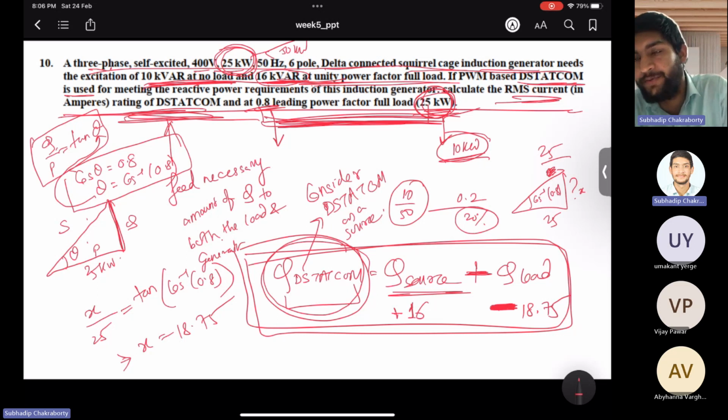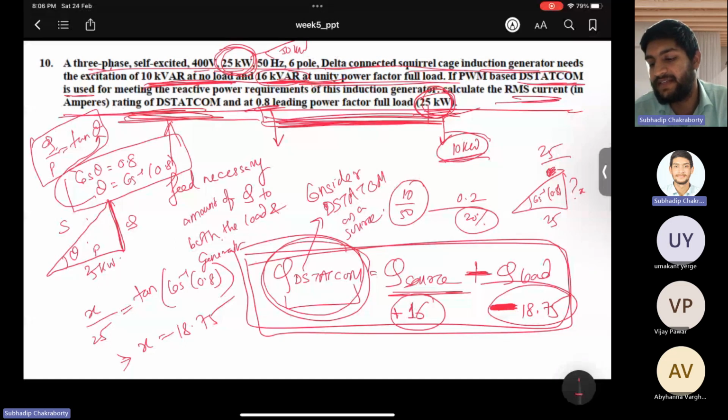So you will not get unity power factor completely at the supply side, because here you have the induction generator sitting. But obviously, this amount of power is additionally received from the load. The DSTATCOM doesn't have to do much work because the load is capacitive. Already it is supplying some amount of reactive power. But since the DSTATCOM is receiving it, we denoted it with minus sign.